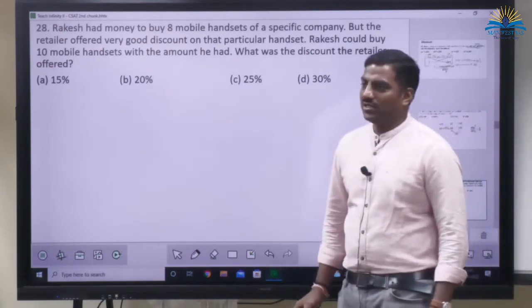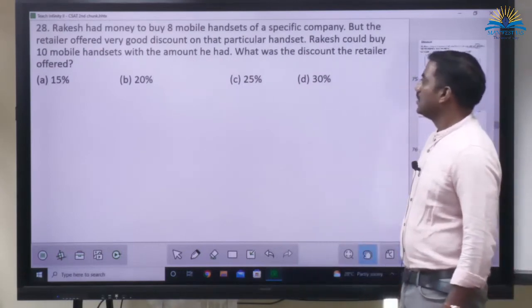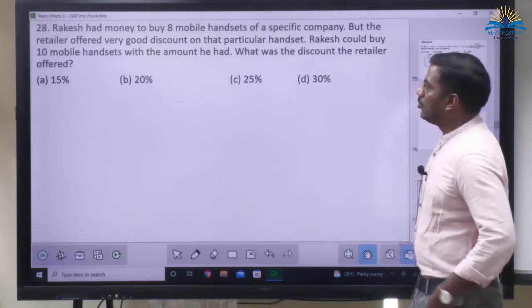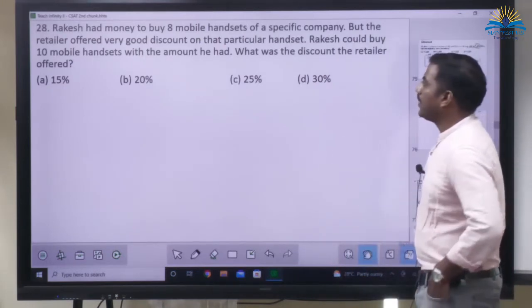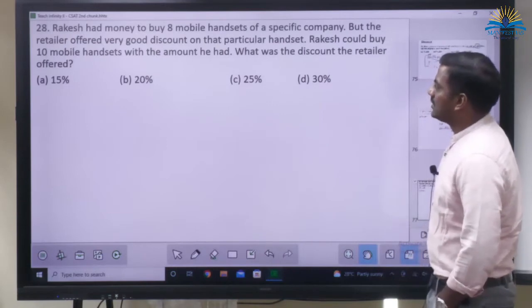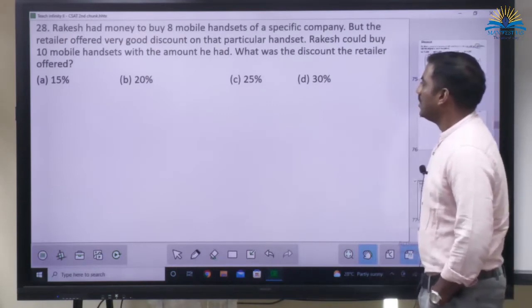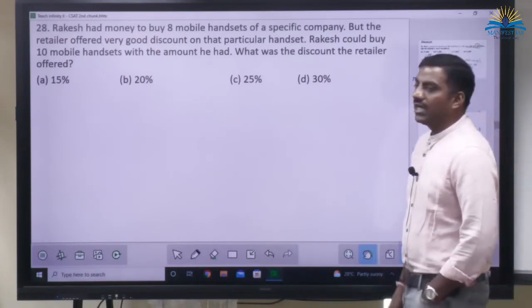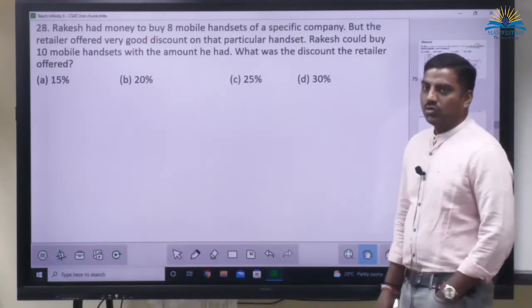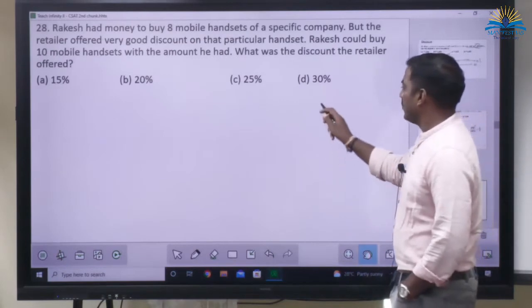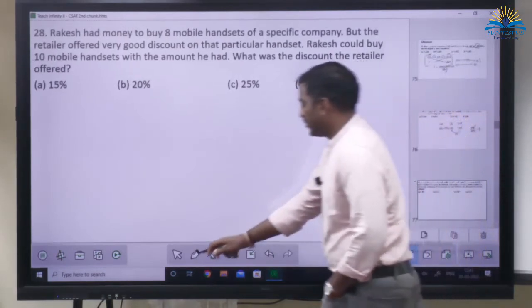This is a beautiful question. Rakesh had money to buy 8 mobile handsets of a specific company, but the retailer offered a very good discount on that particular handset. Rakesh could buy 10 mobile handsets with the amount he had. So he wanted to purchase how many? 8.